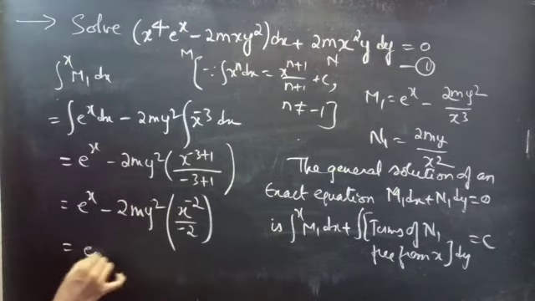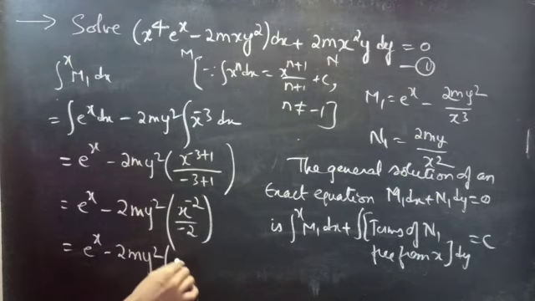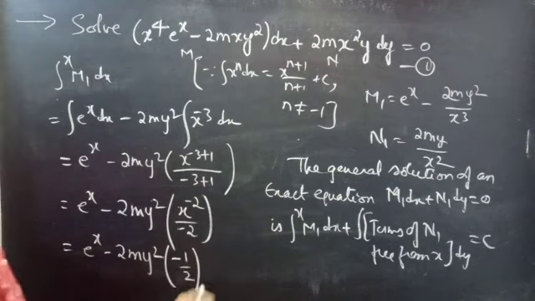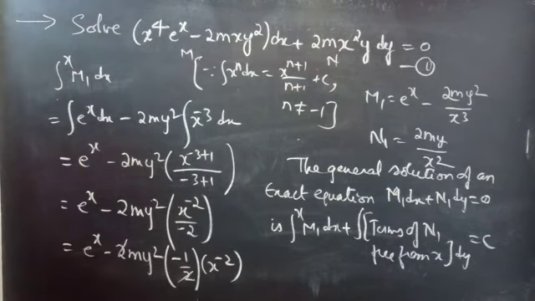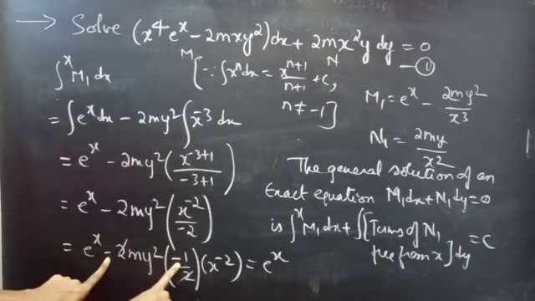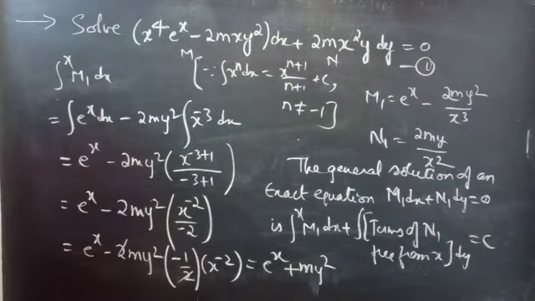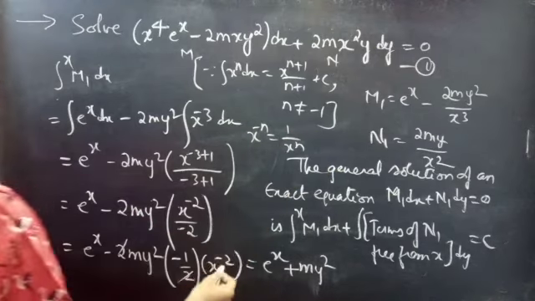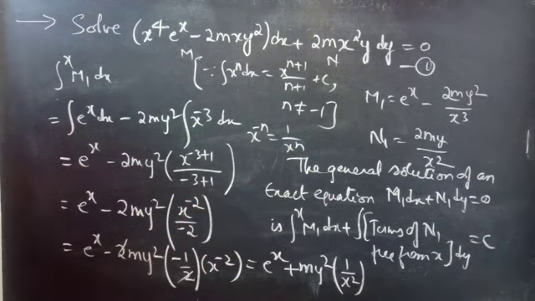You can write this as minus 1 by 2 into x power minus 2, right? 2 gets cancelled, which is equal to e power x minus into minus plus my square into x power minus 2, which is 1 by x square.